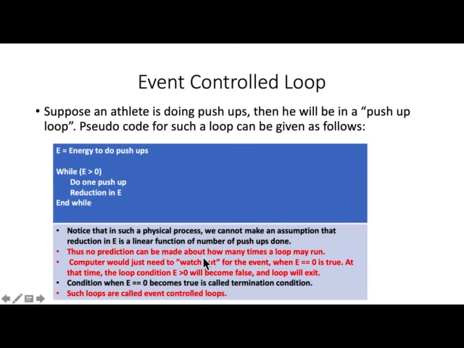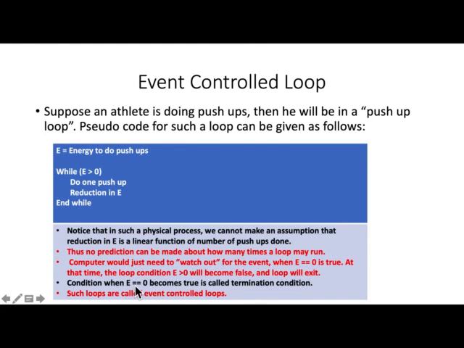Thus, no prediction can be made about how many times the loop may run. The computer would just need to watch out for the event when E equals 0 is true. The computer just has to watch out for when the athlete has run out of energy. At that time, the loop condition E greater than 0 will become false and the loop will exit.